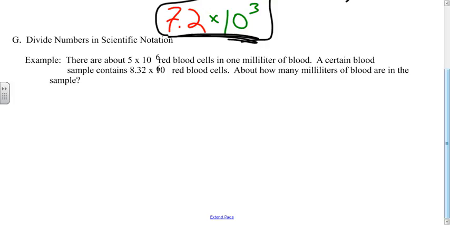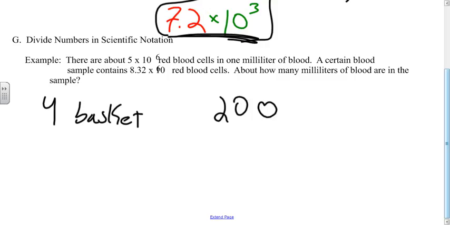Well, we want to set this up the same way we would set up a similar problem, say with apples. If there are 4 apples in a basket and a certain group has 20 apples, how many baskets do we have? Well, we'd take 20 divided by 4 to find out that there are 5 baskets.